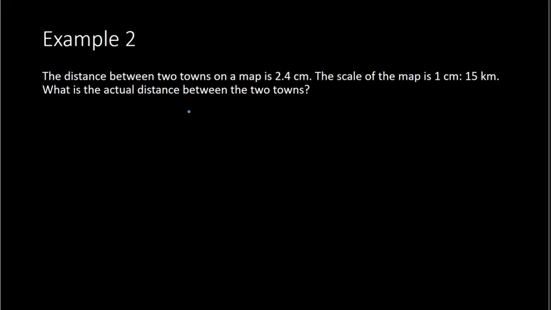What is the actual distance between the two towns? So to set this up, I'm going to use the scale of 1 centimeter to 15 kilometers. So write it as a fraction. That scale is going to be true no matter which towns I'm looking at on the map.